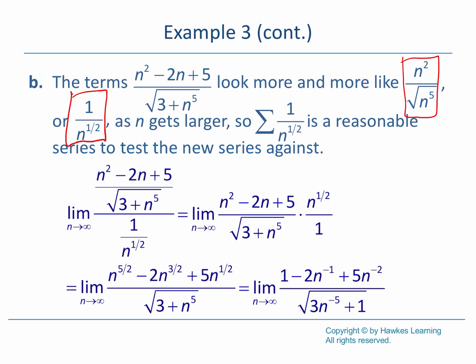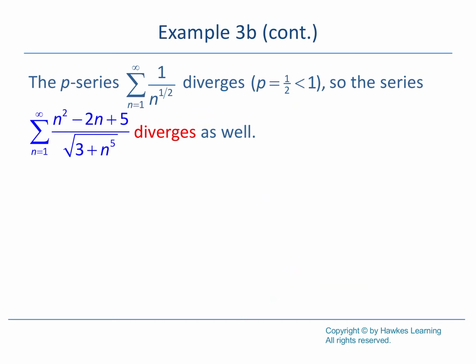And then to really evaluate this limit, we end up dividing by n to the 5/2 everywhere. So that we see that this approaches 1 in the end. And so we again have the situation where these should converge or diverge together. And they're going to both diverge together because this guy's a divergent p-series. Cool.